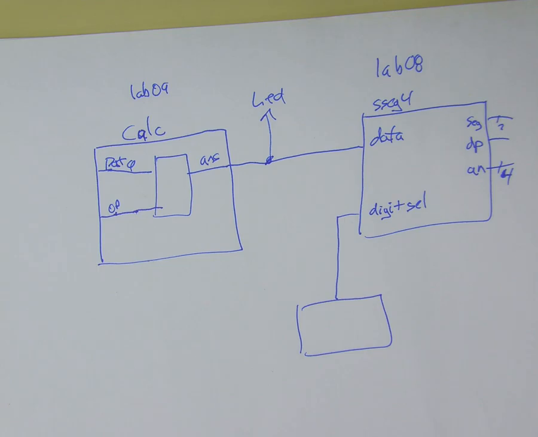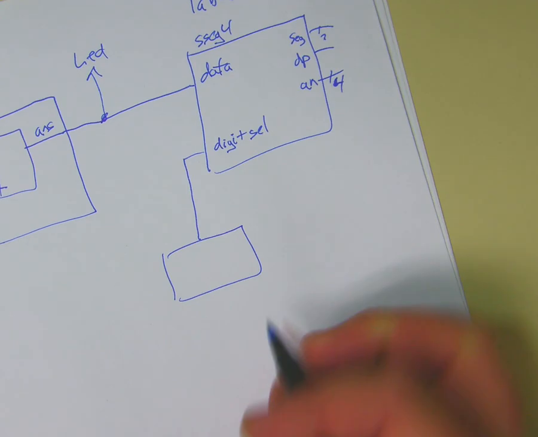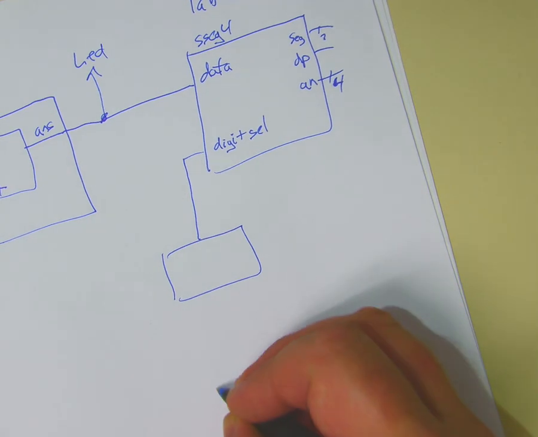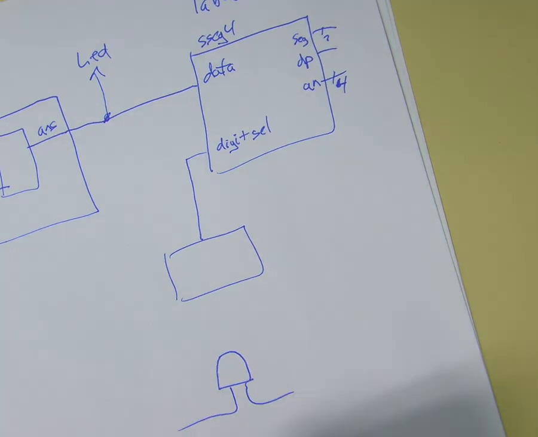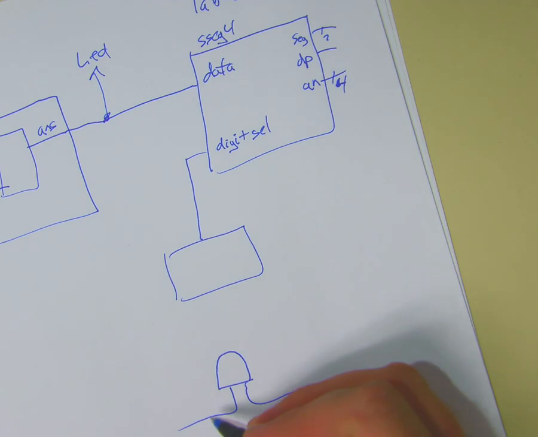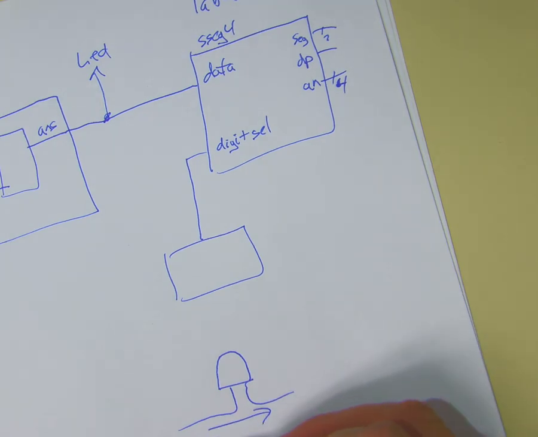And we want to do that fast enough so that it makes it look smooth, but slow enough so it has time to react. And let me show what I mean by that. If you've got an LED, let's just take a simple LED that's coming in, and we have current that flows through that LED.